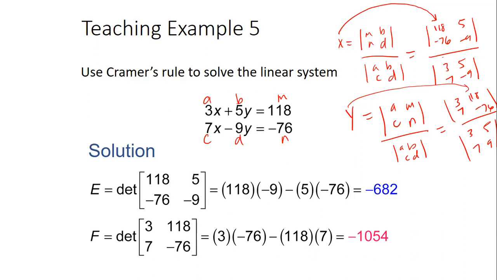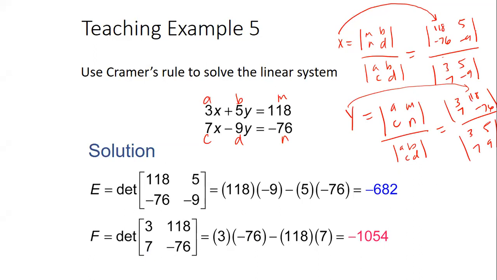It's just cool how math all ties together. Again, all you're doing is cross multiplying and subtracting, cross multiplying and subtracting. That's it. So I cross multiply, subtract. And now I know the value of my numerator for each one.